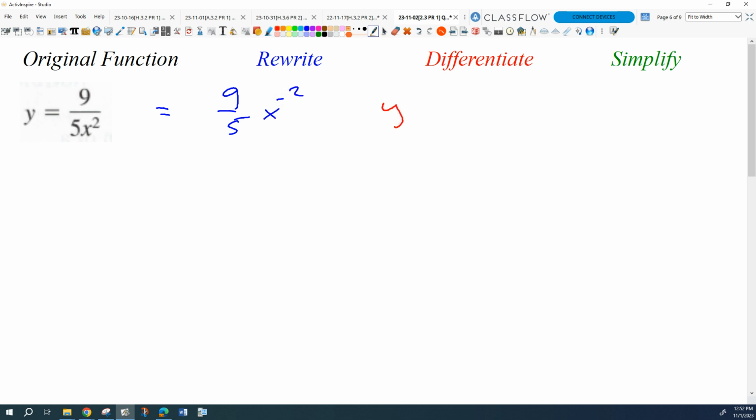So then y prime is what? Negative what? 18/5 x to the -3. Good. And if I write that as one big fraction, if I put the x on the bottom, I get -18 over 5 x cubed. Give me thumbs.